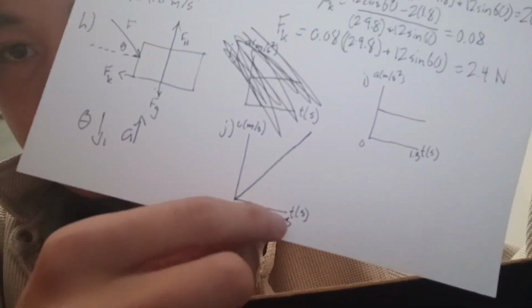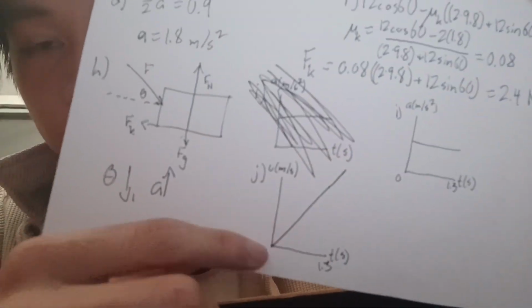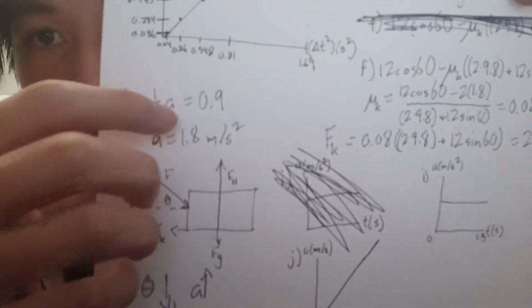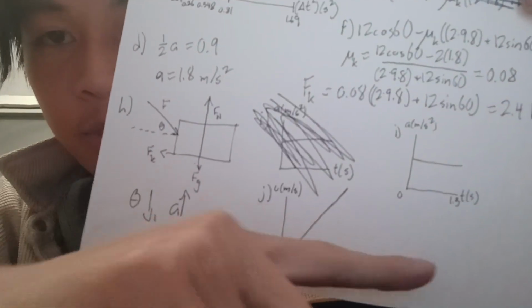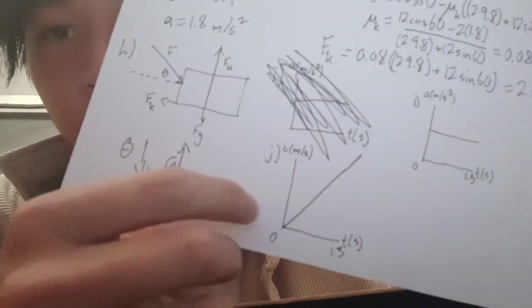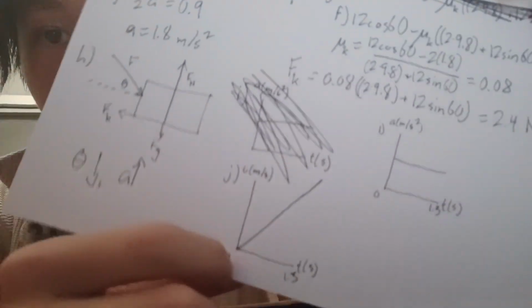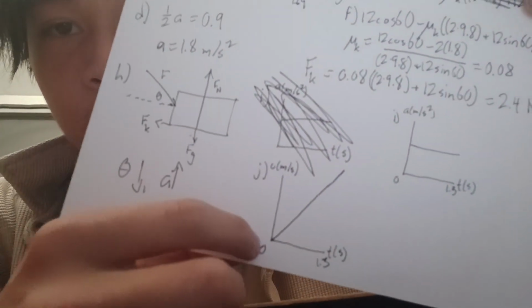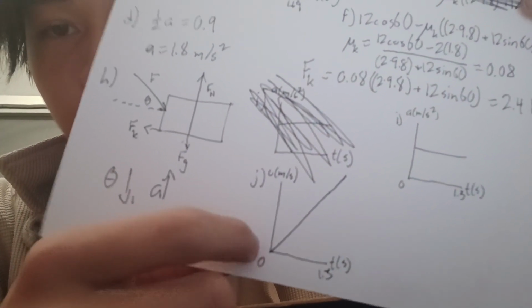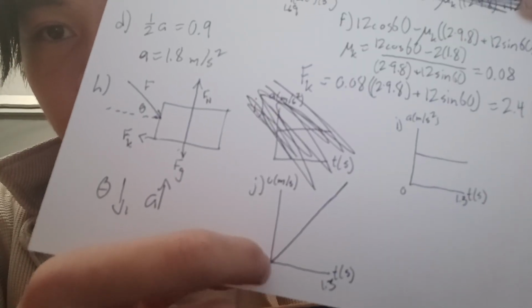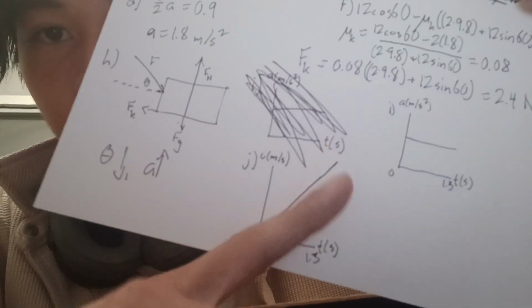Velocity time looks like this, because it's increasing due to acceleration, so it's not just going to be a straight line, and obviously it exists, but here it's 0 because we are told that the whole system starts initially at rest, and so that's why VI is 0 here, and this slope would be 1.8, just like the acceleration is.